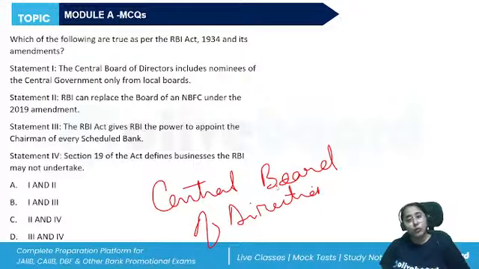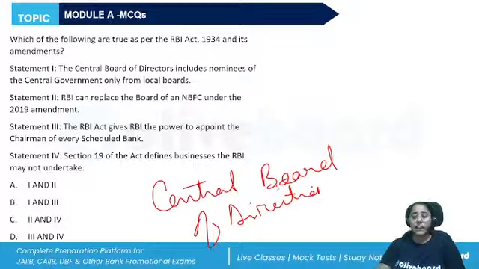RBI can remove or debar an auditor from exercising the duties of an auditor. It can inspect the books of accounts in public interest, frame schemes for amalgamation and restructuring, and furnish statements and information. All of these powers have been given to RBI after this amendment.